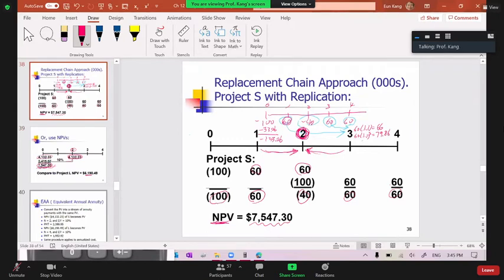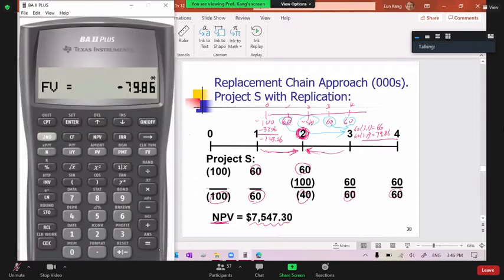So if you add all three, 60 plus 66 plus 79.86, if you clear TVM and change the sign, then 79.86 plus 66 plus 60, then what? 205.86.